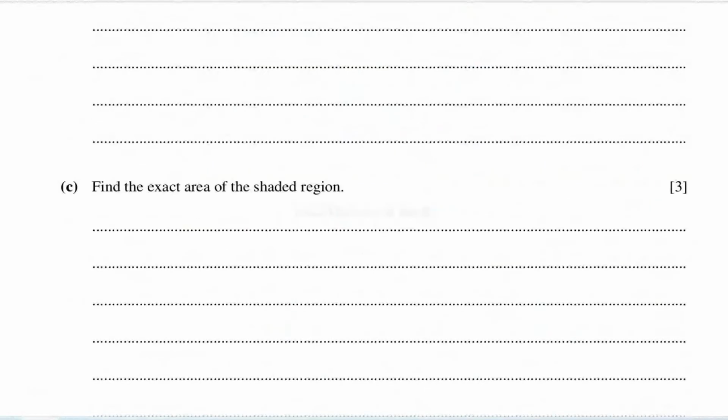So area of the sector is one over 2, the radius is 2r square, multiplied by the angle pi over 6.